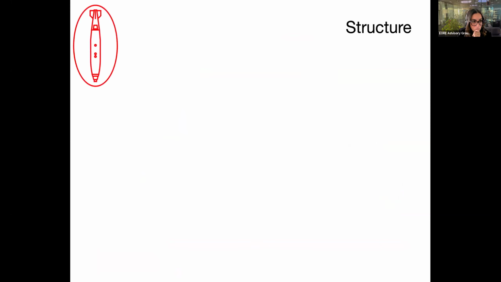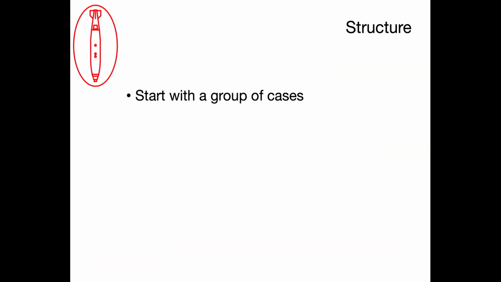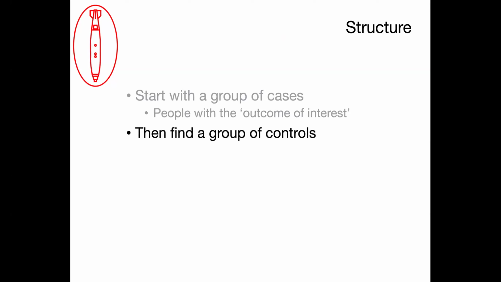So the structure. We start with a group of cases. So in our case, this is the people with the outcome of interest, which obviously to us are mine and ordnance casualties. Then we find a group of controls. These people have to be as similar as possible to the cases.